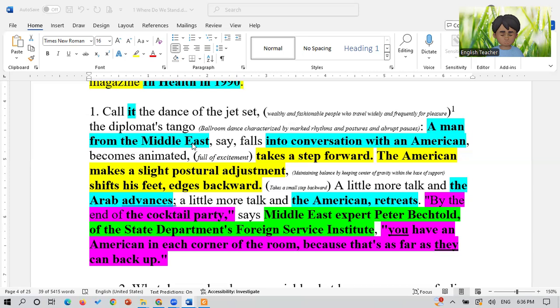The Middle Eastern fellow does not understand that American people do not like to stay too close to another person while having a conversation in public space. The American guy does not understand that Arabian people, like the Middle Eastern diplomat, like to stay very close when they talk to another person.